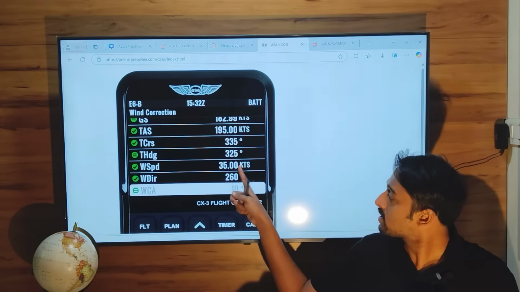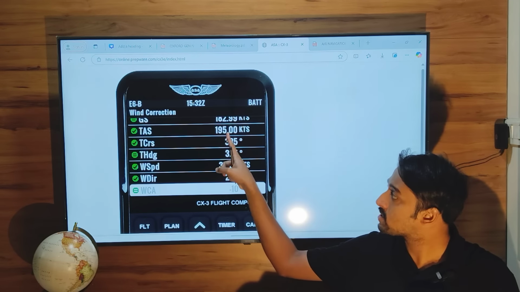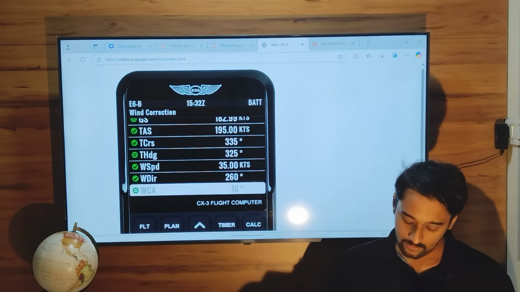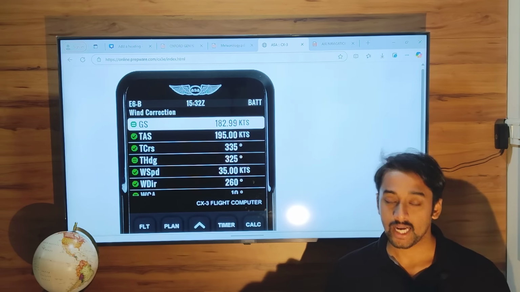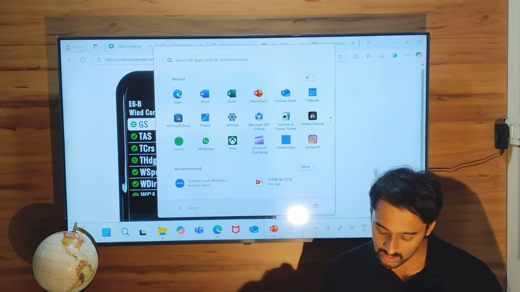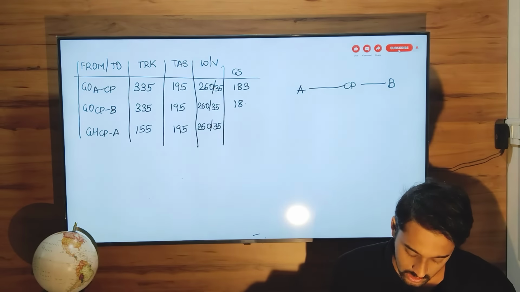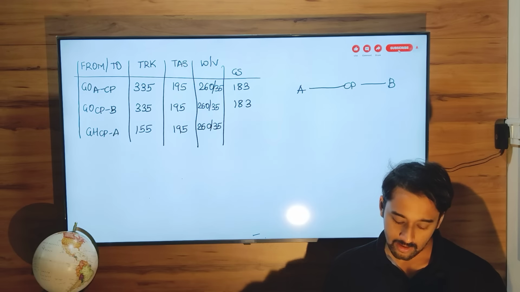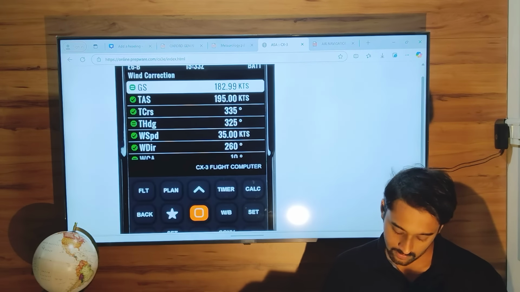Look at the data: 260 at 35, course 335, task 195. As a result, your ground speed will be 182.9, which is 183 knots. Now, coming back, only your track changes. Other things remain the same.